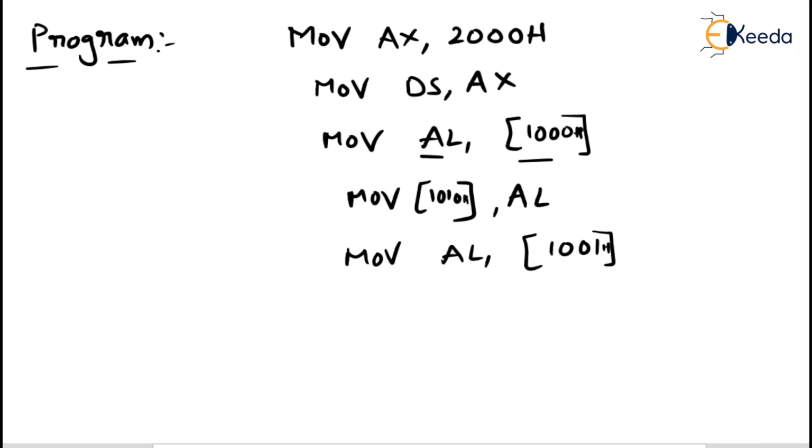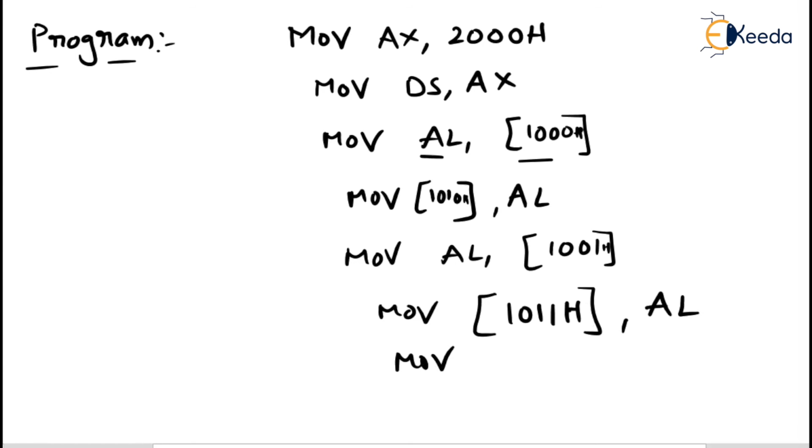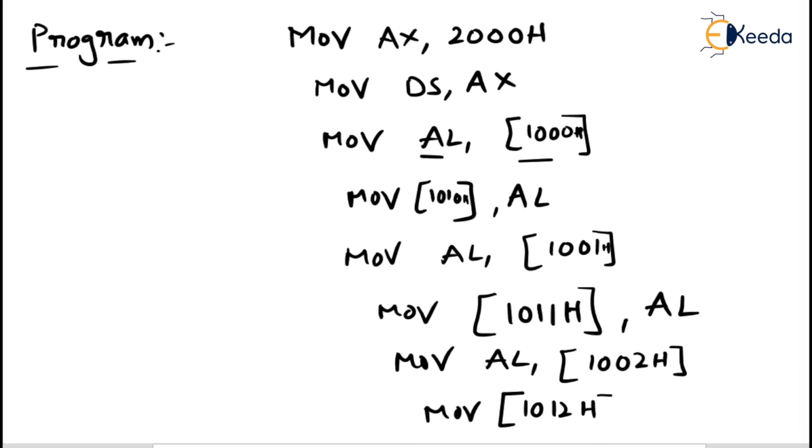Every time you are writing, you have to write H. That data is again moved to 1011H: move 1011H, AL. Now the same way, next location: move AL comma 1002H. That data you have to move to 1012H comma AL. Lastly, you have to write halt.